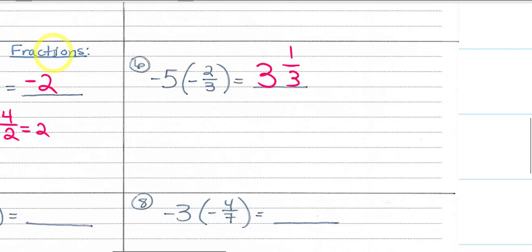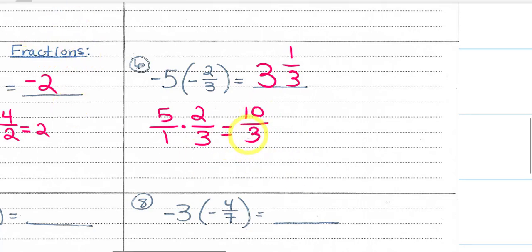And then I'm just going to multiply 5 over 1 times 2/3. And I'm going to multiply the numerators. 5 times 2 will give me 10 in my numerator. 1 times 3, 3 in my denominator. And this is an improper fraction, so we want to simplify this to a mixed number.